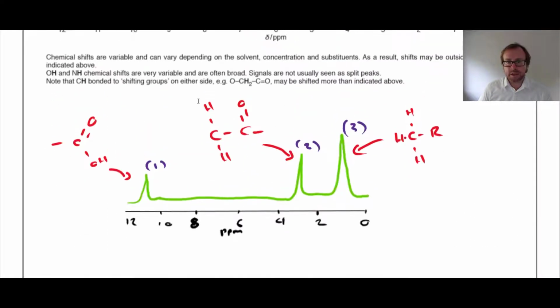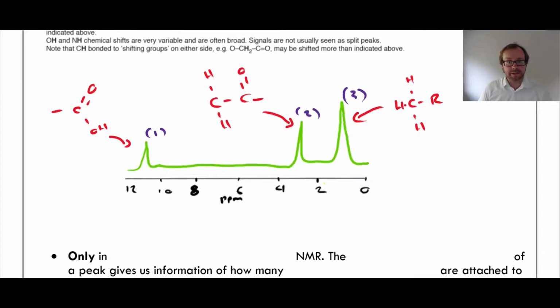Now, I'm going quite fast, but these are all different hydrogen environments within the same molecule, so I can now put these together. The actual molecule will probably look like this: my CH3, which is attached to an R group, so a carbon, which is my CH2, which is attached to a C double bond O, and my OH group here.